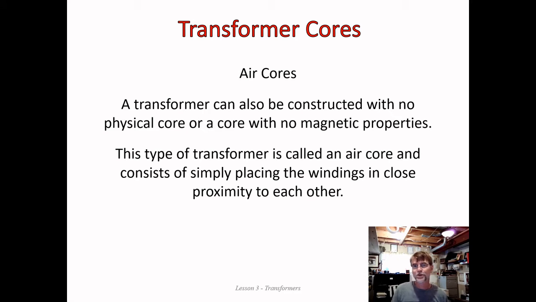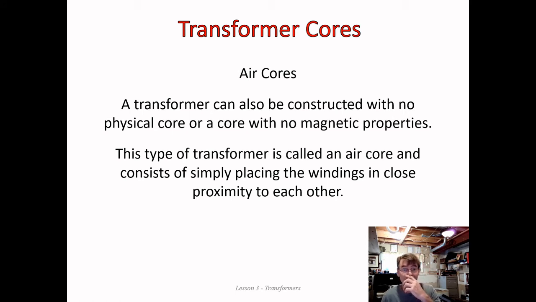Now, we could also use an air core, so no core at all. A transformer can also be constructed with no physical core, or a core that has no magnetic properties. A chunk of driftwood would work as a core. We could wrap our winding, our coil of wire, around it, and build our own little transformer. Again, as I've been saying, pros and cons.